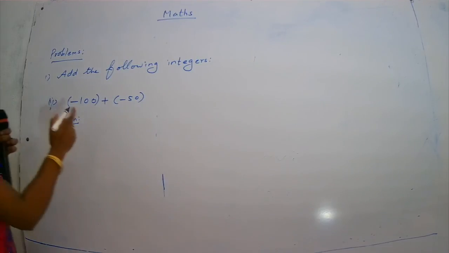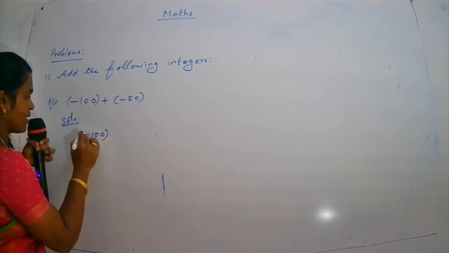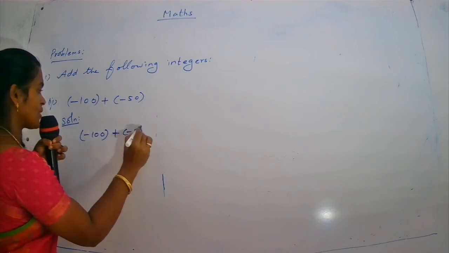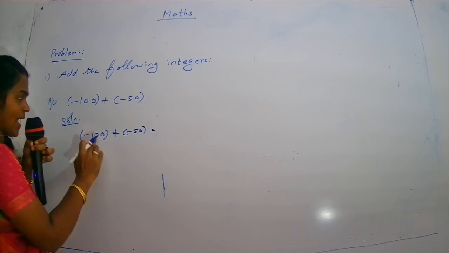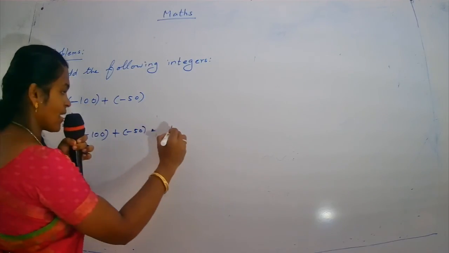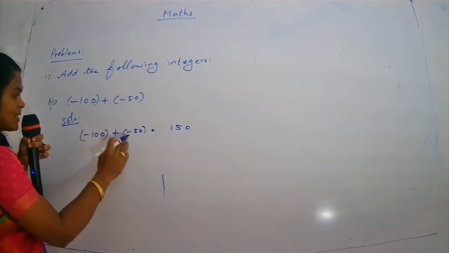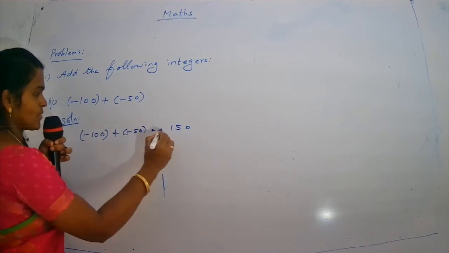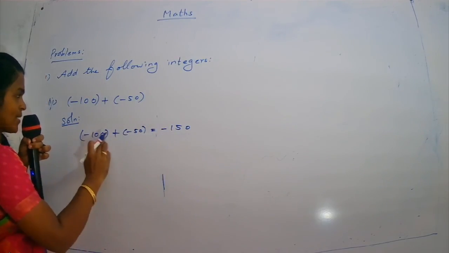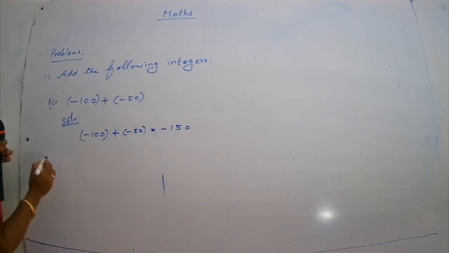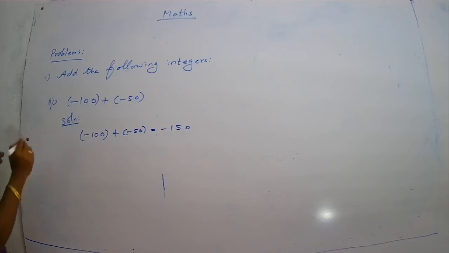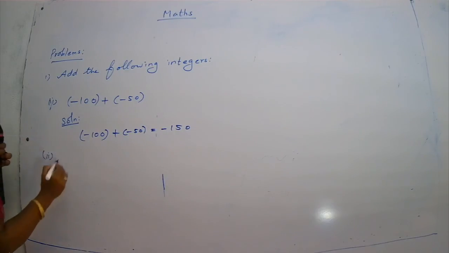So your answer is minus 100 plus minus 50. First we find the sum. Sum means addition. 100 plus 50, 150. So what is the sign? Minus. So your answer is minus 150. Don't write children. First you listen. Afterwards I will give the time. Now second question.